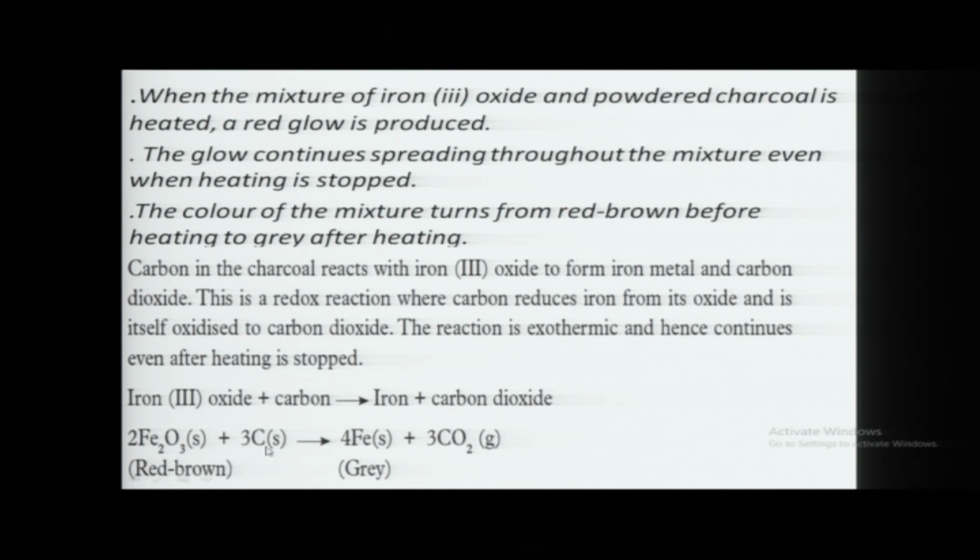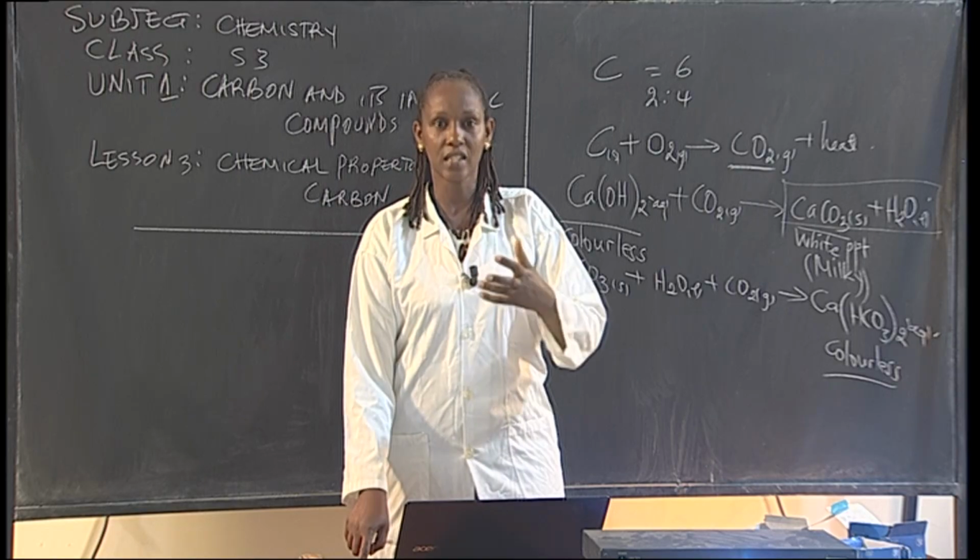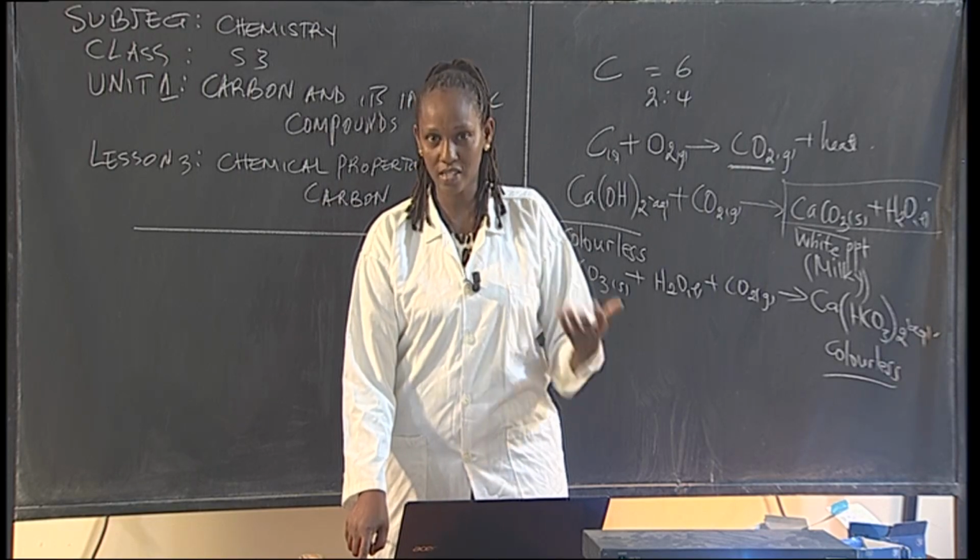And this is carbon. So whenever you're heating iron 3 oxide with powdered charcoal or with carbon, it means that it was red before. It was red-brown. And after heating, you will form a gray color. What does it mean?